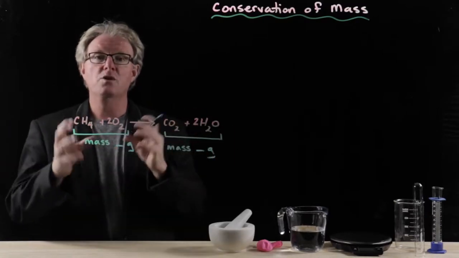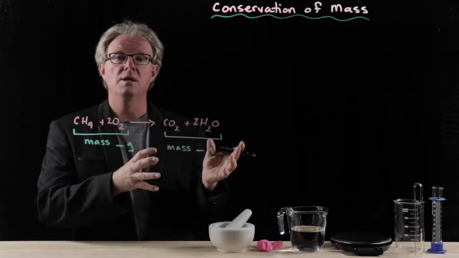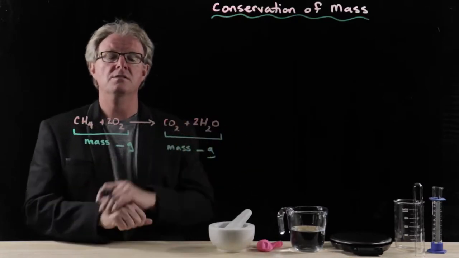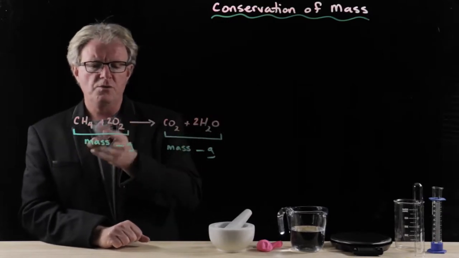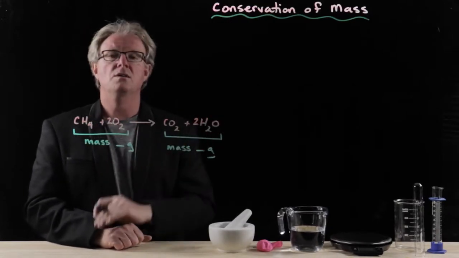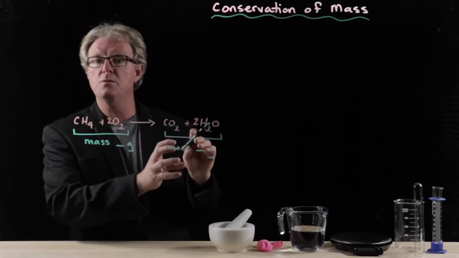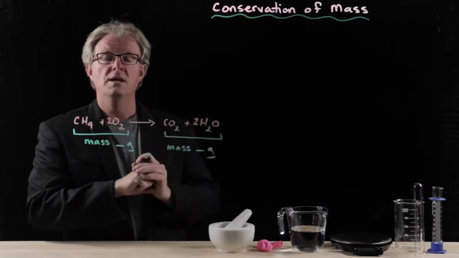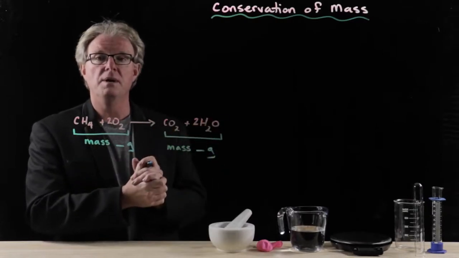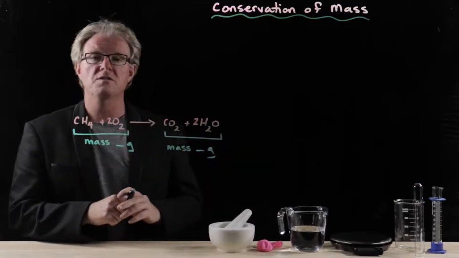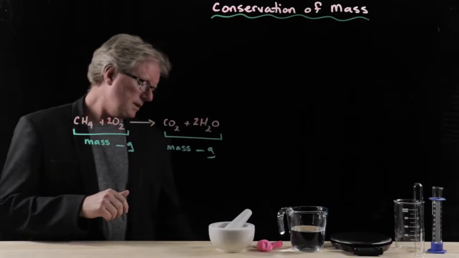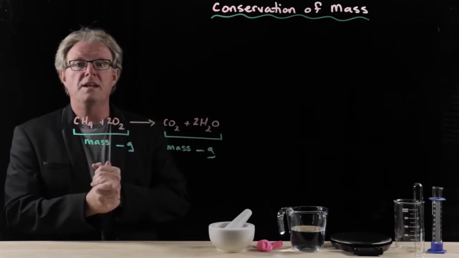In other words, we can't create anything brand new and we can't destroy it. Matter is neither created nor destroyed. And so if we start off with 10 grams over here, we have to have 10 grams over there. Even though the atoms have been rearranged to form new and different compounds, the mass should be the same. So we're going to explore this in this little chemistry lab here, and you'll probably do this in the lab as well.